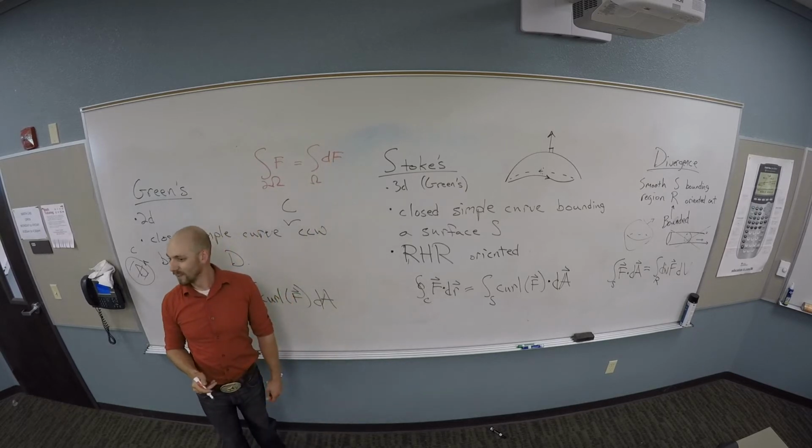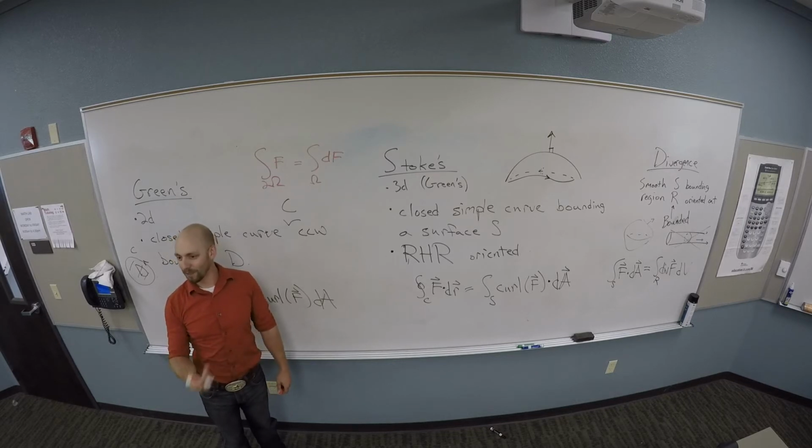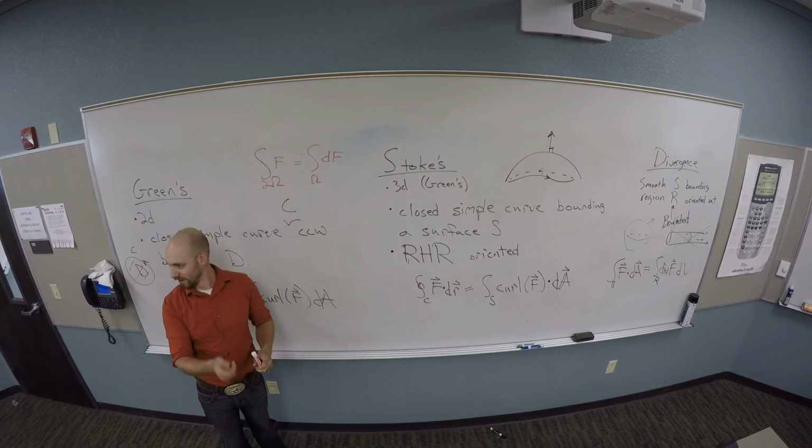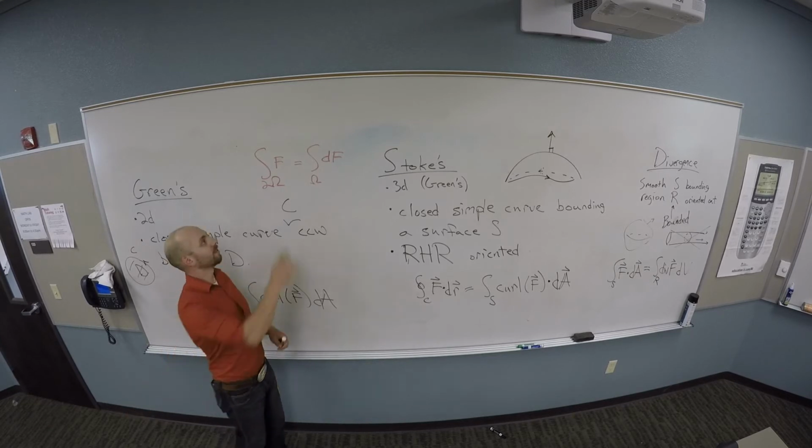You see that? This should feel a little like integration by parts. You're trading the derivative from one thing onto the other thing. That's how integration by parts really works. You start with u dv and then you turn it into some junk and then a v du. You're trading derivatives there. That's really what I'm doing here.